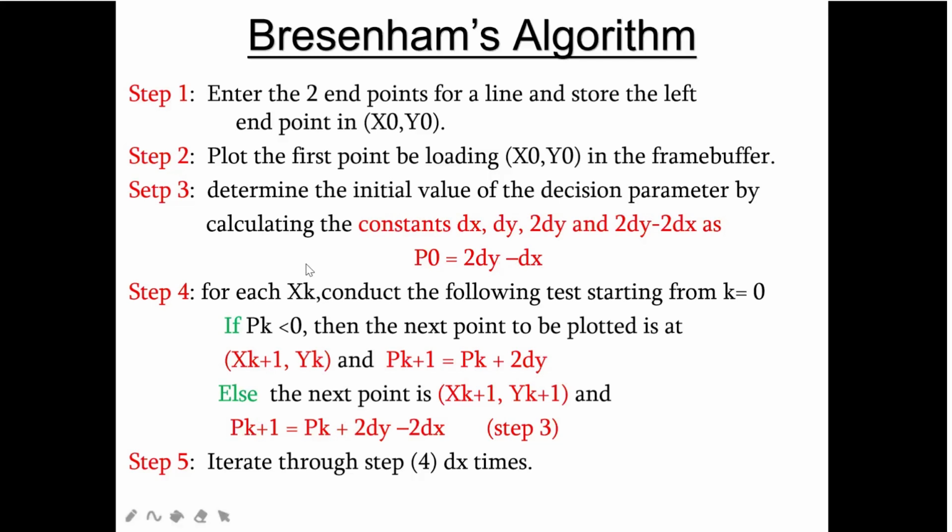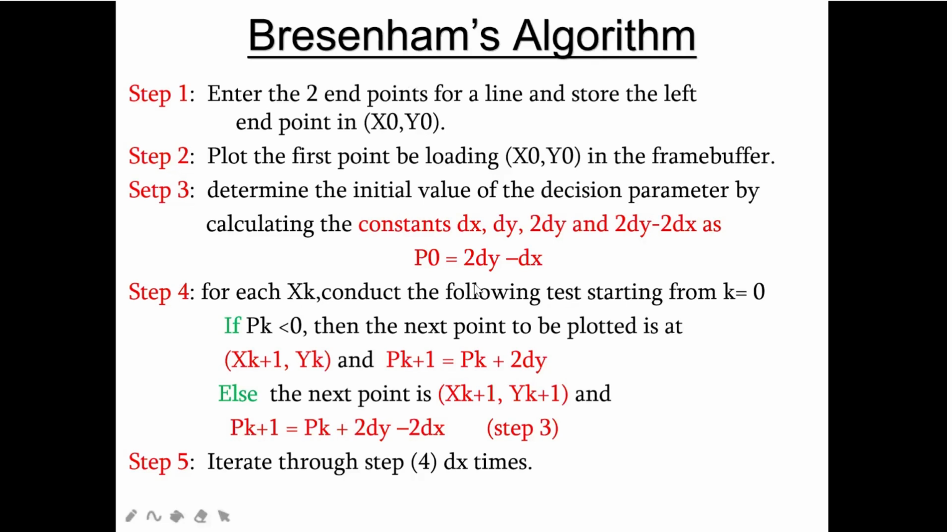In the next step, you continue this process starting from k equals 0. You may ask till how many values we continue: you continue until you reach your second endpoint. Next, you have some conditions to check.